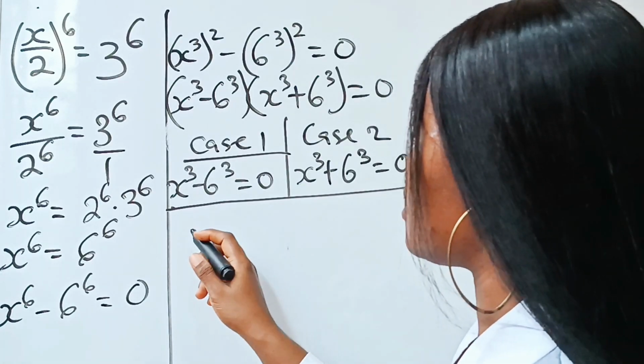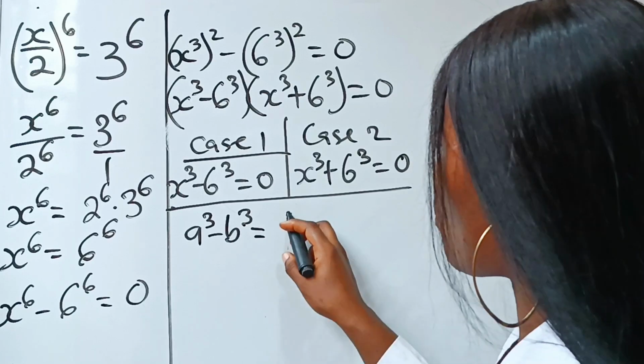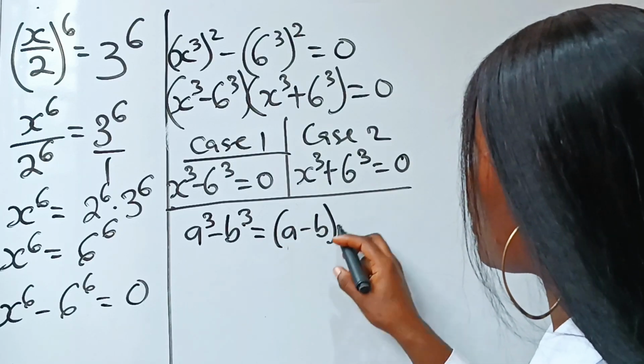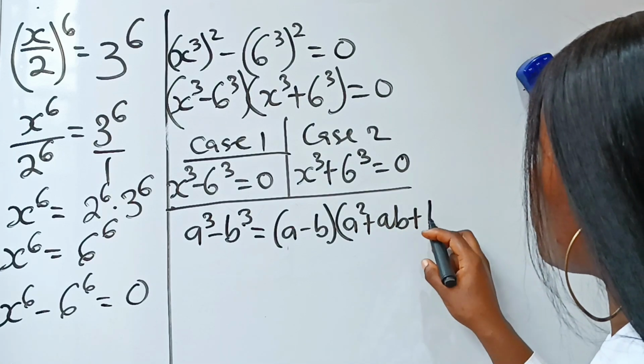The algebra identity for a to the power of 3 minus b to the power of 3 is equal to a minus b multiplied by a squared plus ab plus b squared.